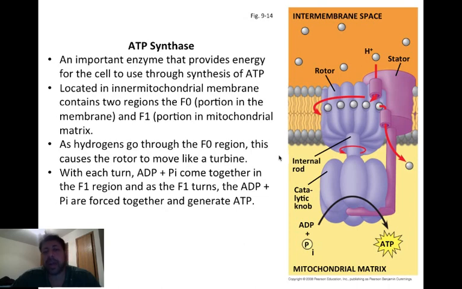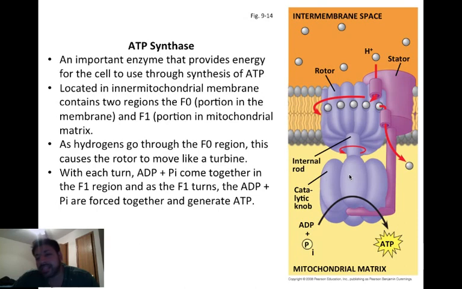And basically as hydrogens come through the F0 region, this causes the F0 region to start spinning in a turbine-like fashion, and this causes the whole thing to spin. And it's over here in the mitochondrial matrix where we have a lot of ADP, adenosine diphosphate, and a lot of free phosphates as well.